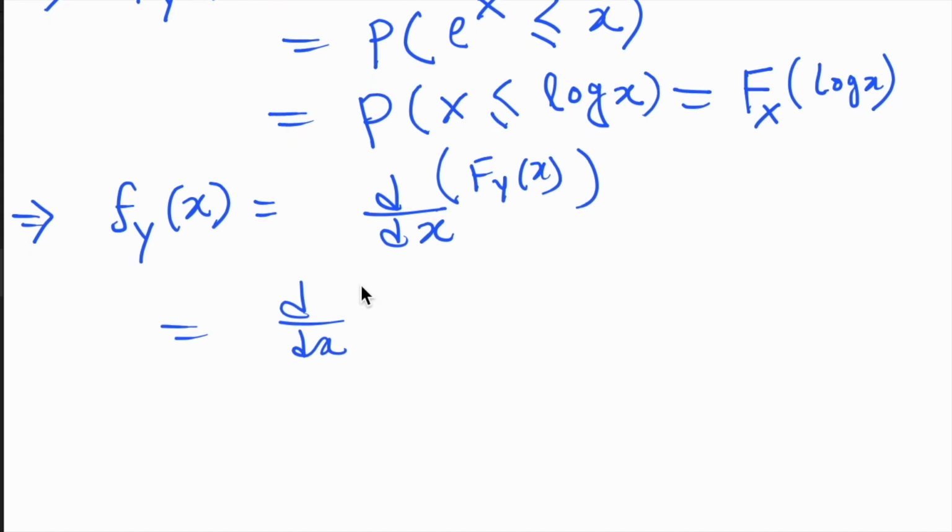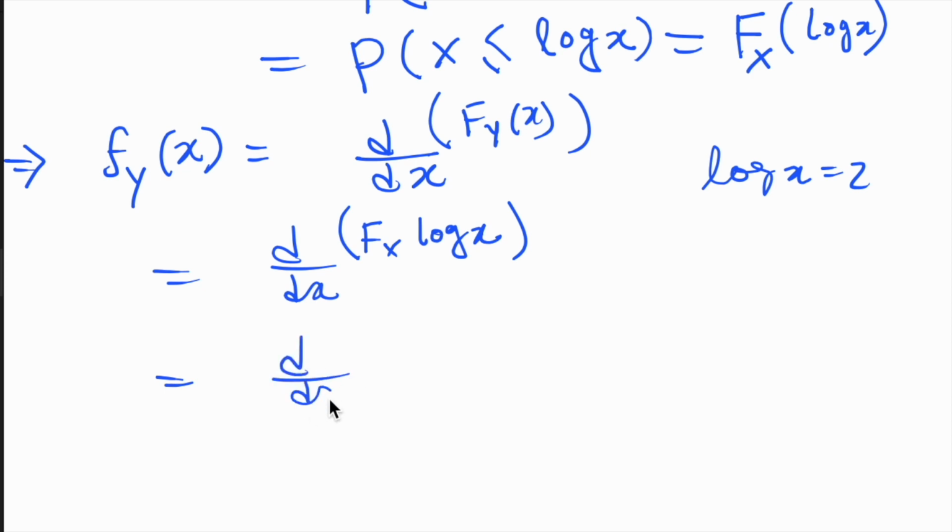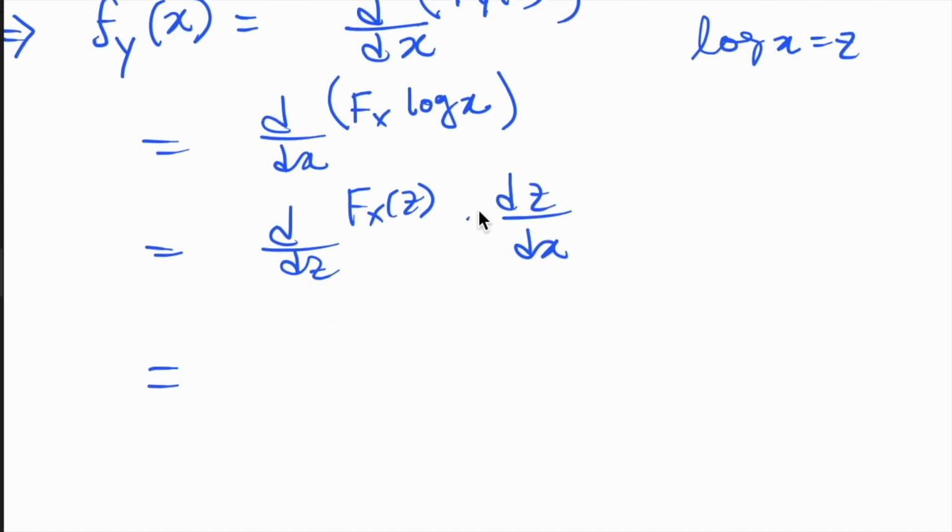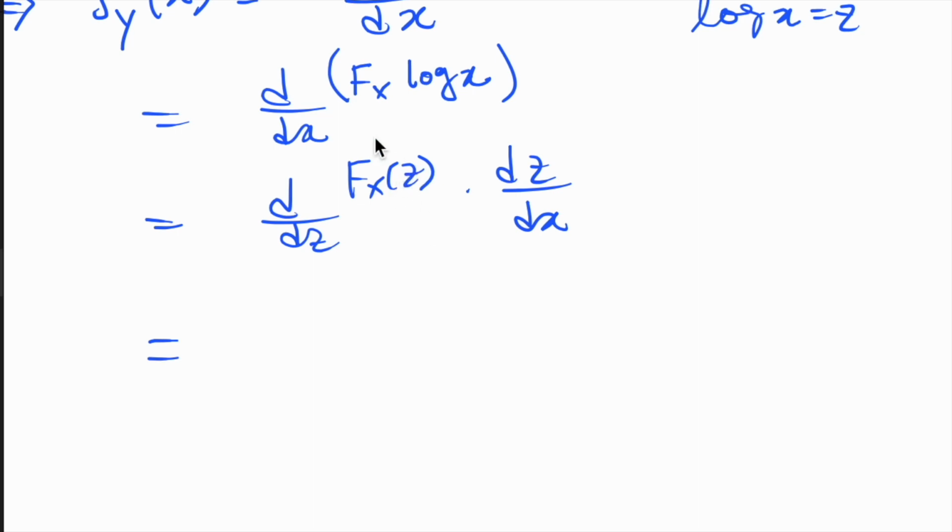Now suppose log x equals z, so d by dz of F_X at point z times dz by dx, and this is nothing but the standard normal distribution with variable z, and dz by dx will be 1 over x.